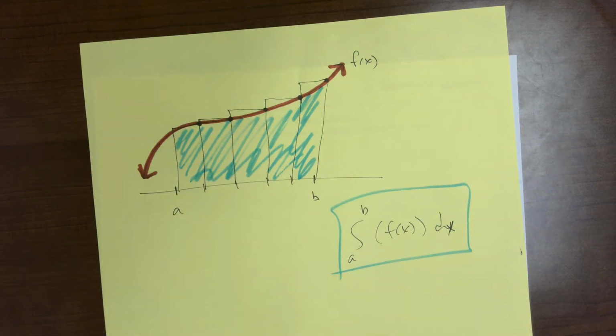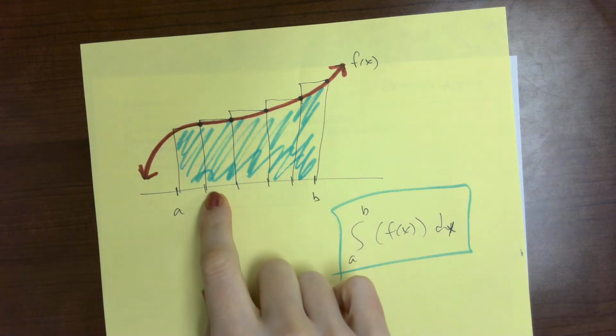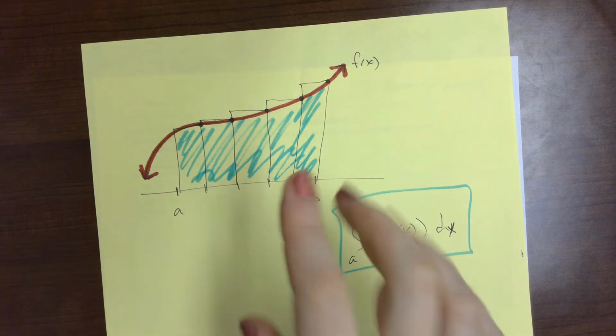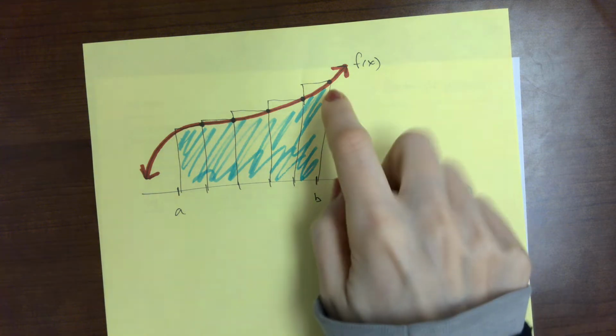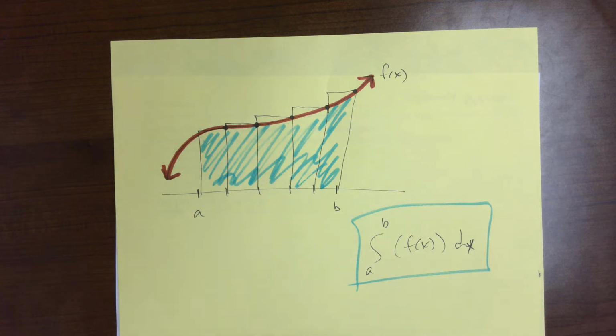But you can approximate the area under the curve, this blue area, by using a certain number of rectangles. But they're not going to fit the curve perfectly. They're going to go over or under the curve, unless the curve itself is a horizontal line.